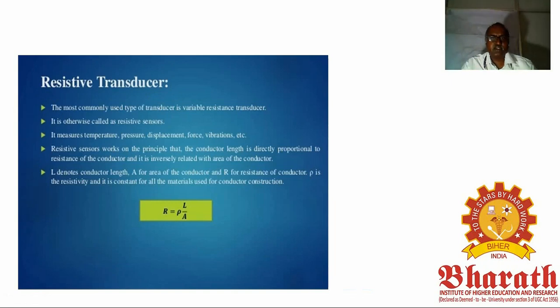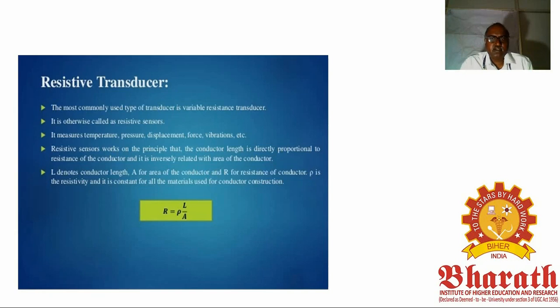Let us discuss further the resistive transducer. The resistive transducer is the transducer which varies its output based upon the variation in the resistance. It is also known as a resistive sensor.